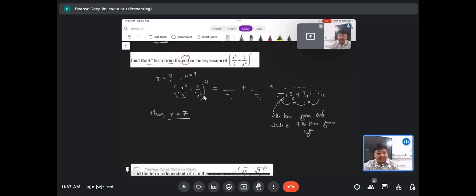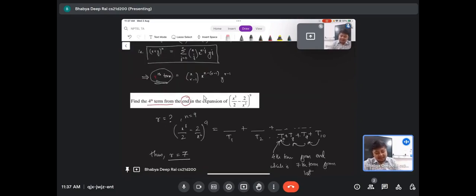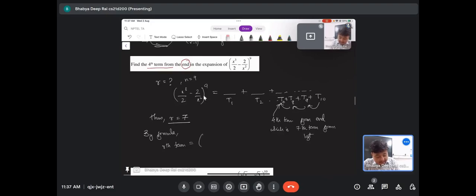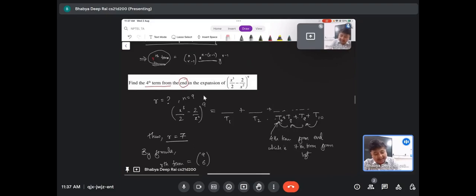Now it's simple from this point on, because R equals 7 and we already know how to find the Rth term. So we simply use the formula. By formula, the Rth term equals n choose r minus 1, which is 6, and n is 9, and x to the n minus r minus 1.